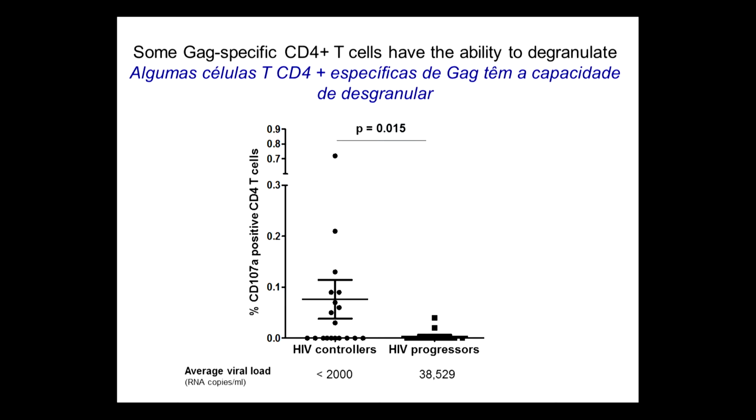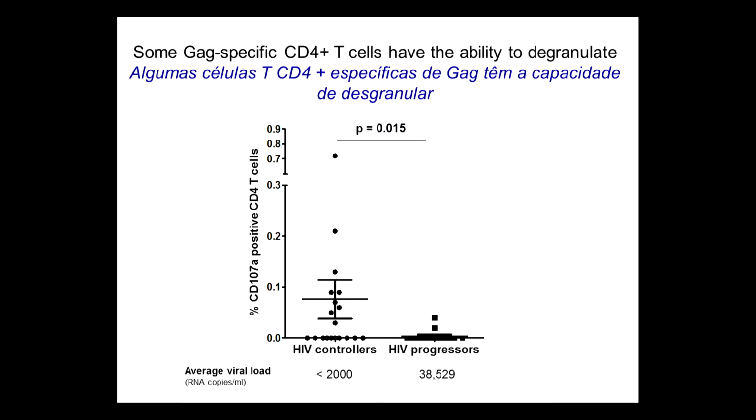Those vesicles are coated with LAMP1 and LAMP2, so CD107A and CD107B. When they release the perforin and granzyme, those vesicles appear on the cell surface, and we can recognize this act of degranulation by detecting LAMP1 or LAMP2.